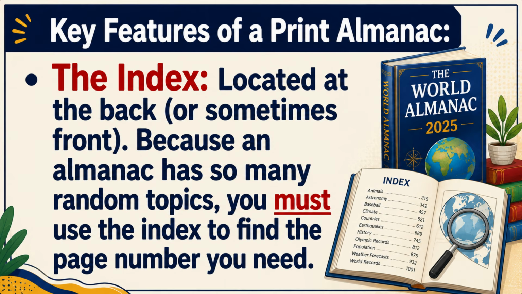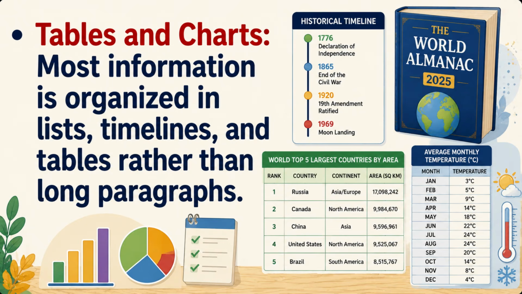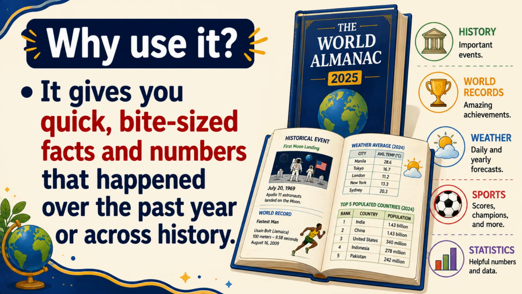Because an almanac has so many random topics, you must use the index to find the page number you need. Tables and charts. Most information is organized in lists, timelines, and tables rather than long paragraphs. Why use it? It gives you quick, bite-sized facts and numbers that happened over the past year or across history.